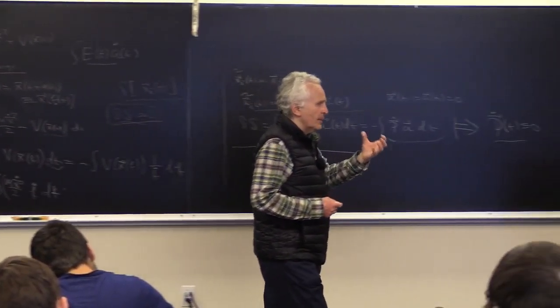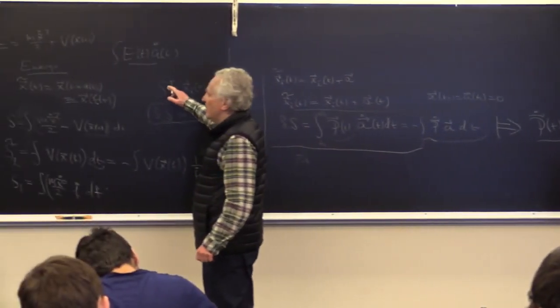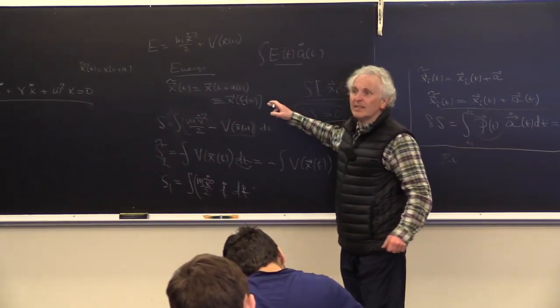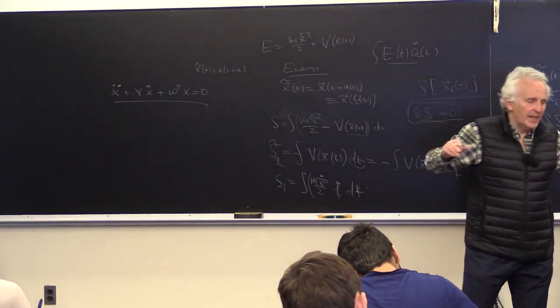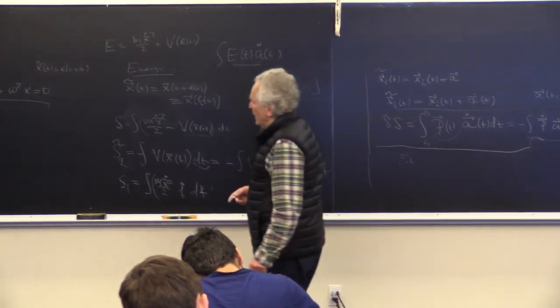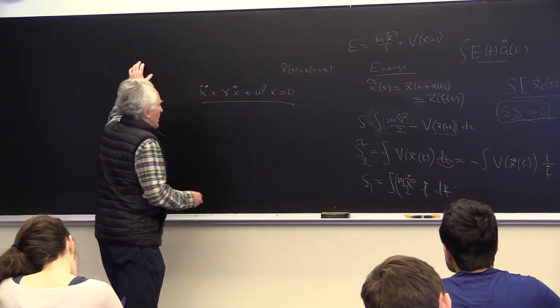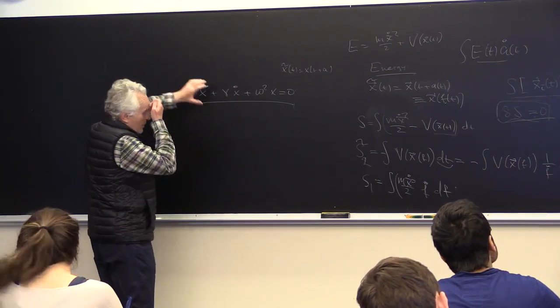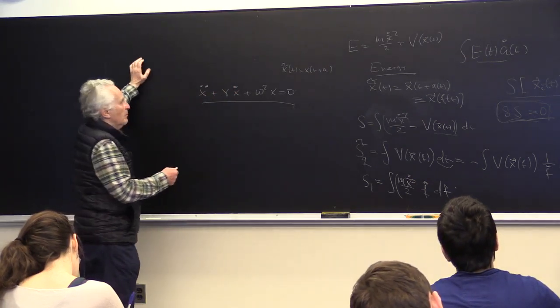So that's a first indication of what I was saying before, that simply the statement that there is a variational principle, even when you don't know the action, is a huge amount of information. So let's try to understand what happens. Let's analyze this simple example a little more.